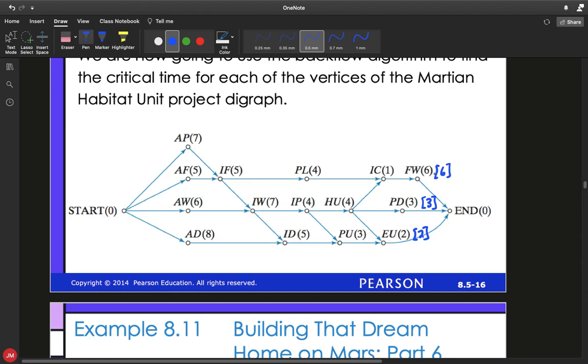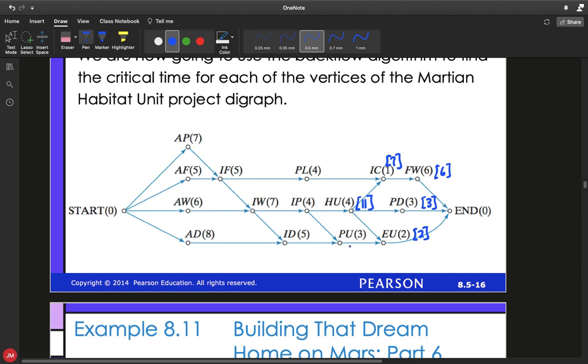Now IC has to go through FW6, that is the largest, so take 1 plus 6, which tells you that IC has a critical time of 7. Now we already found HU4. Looking at each of these, it was the largest, 7, 3, and 2. Obviously 7 is the biggest, so we already knew that HU4 had a critical time of 11.